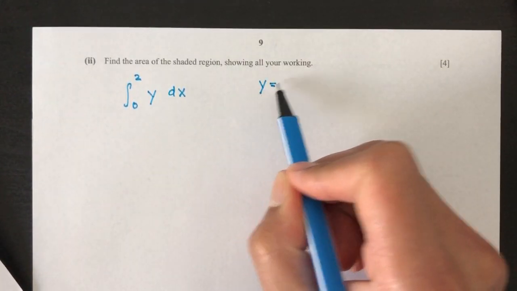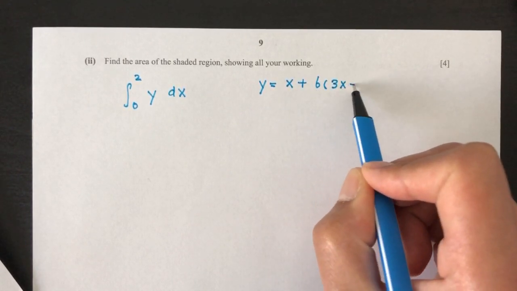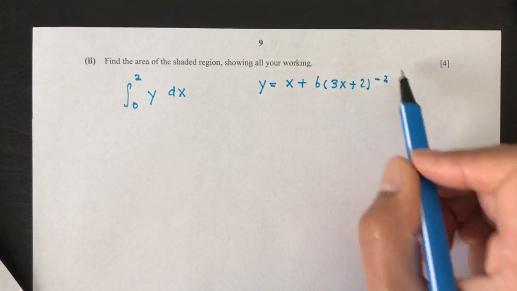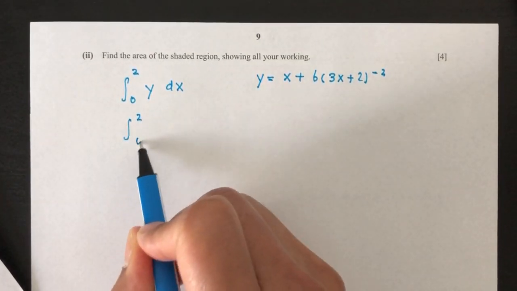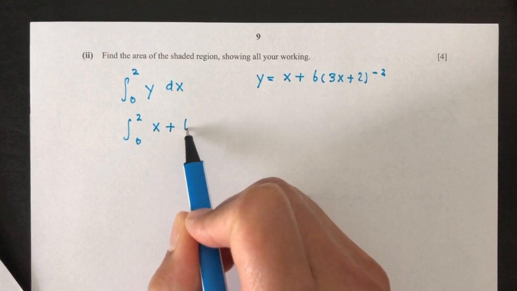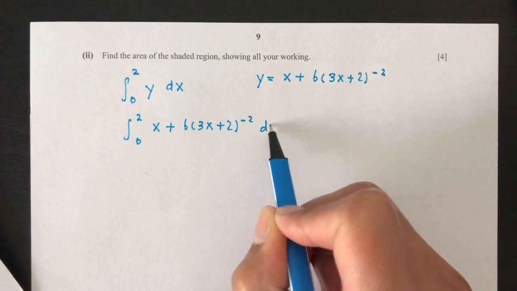Now y has been given to you by this equation. So we have to integrate this. That will be the integral from 0 to 2 of x plus 6 times (3x plus 2) to the power minus 2 dx.